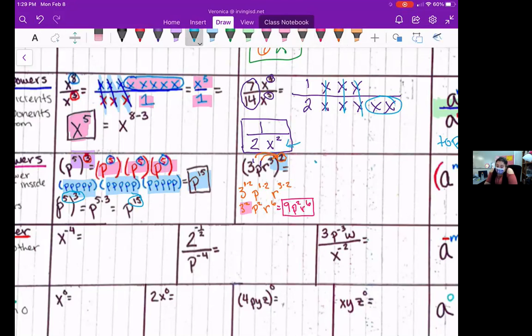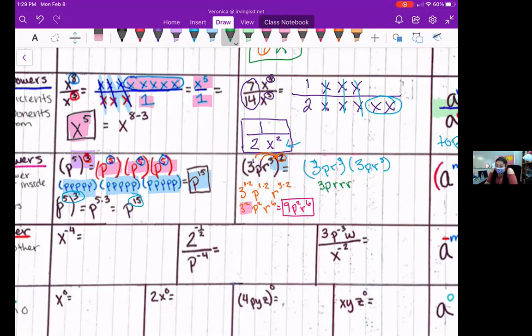So we have 3pr cubed, that's 1. And we need another one because we have 2 sets of those parentheses. And inside these parentheses, we have 3pr to the power of 3, right? Now inside these parentheses, I can expand even more. Inside these parentheses, I have a 3, a p, and 3 r's, 1, 2, 3.